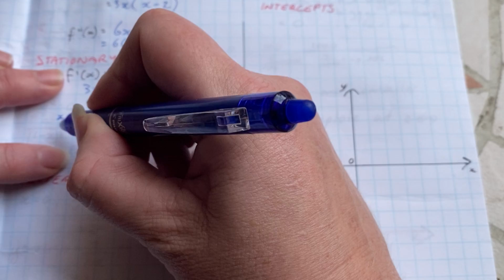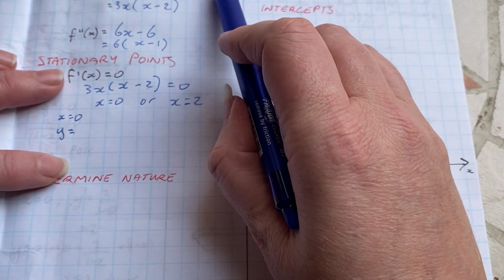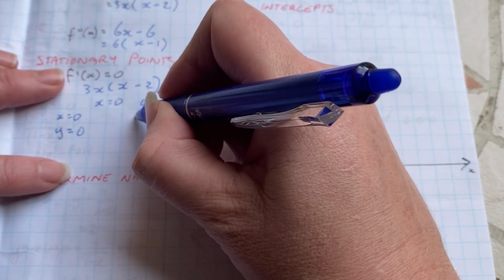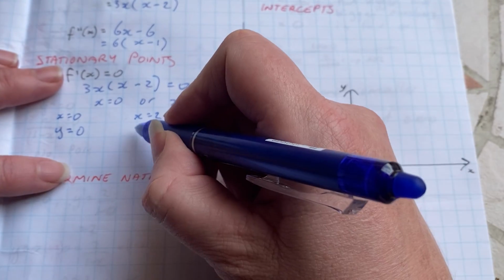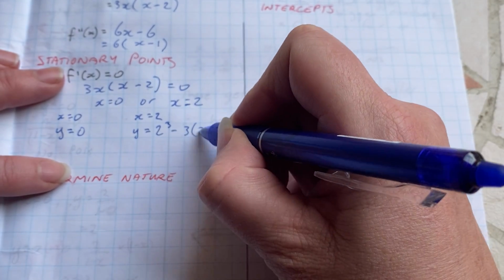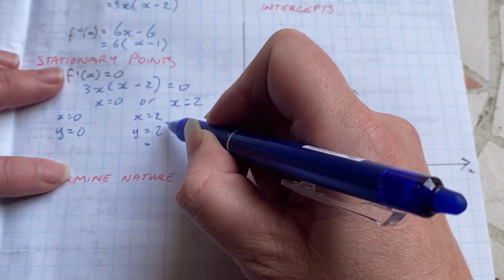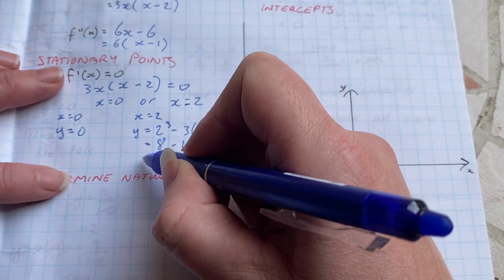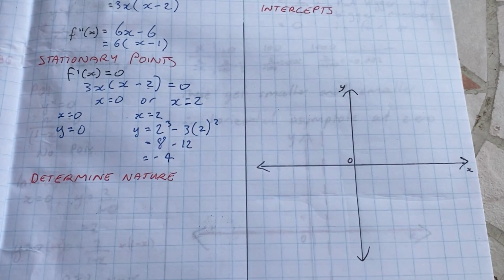So when x equals 0, y is 0 cubed minus 0, so it'd be 0. When x equals 2, we'll just substitute that in, y would be equal to 2 cubed minus 3 times 2 squared. So 2 cubed is 8, 3 fours are 12, so negative 4 for that one.